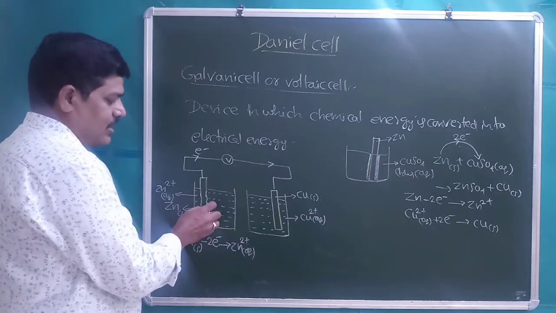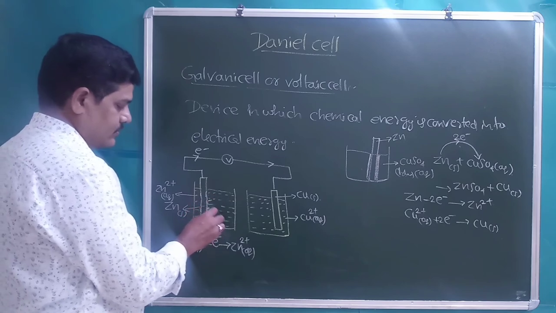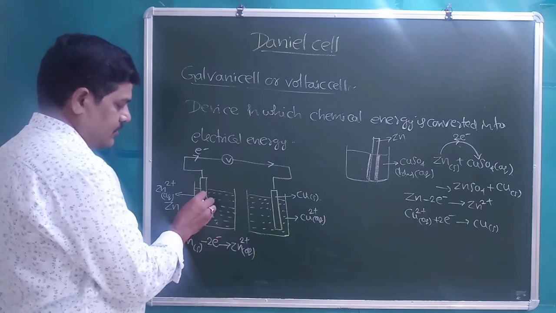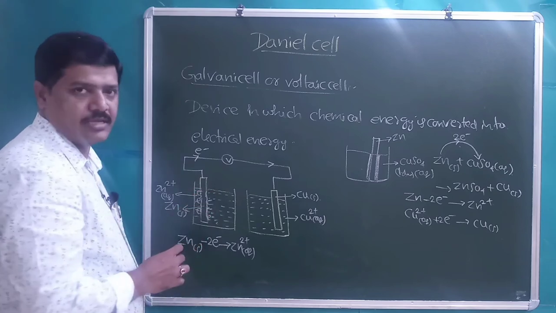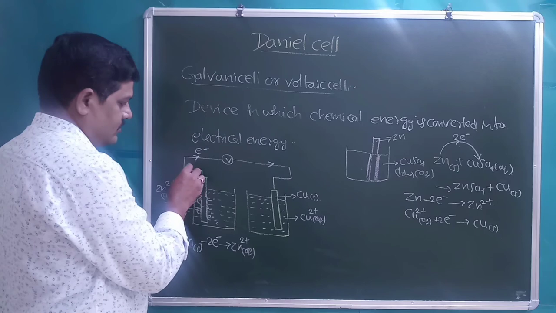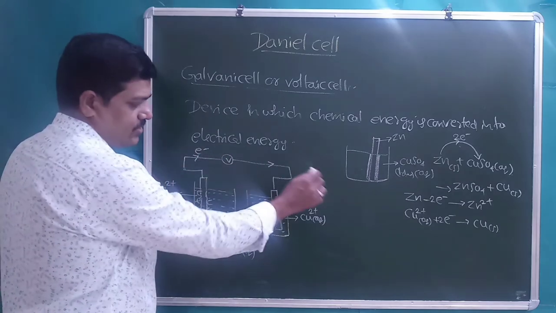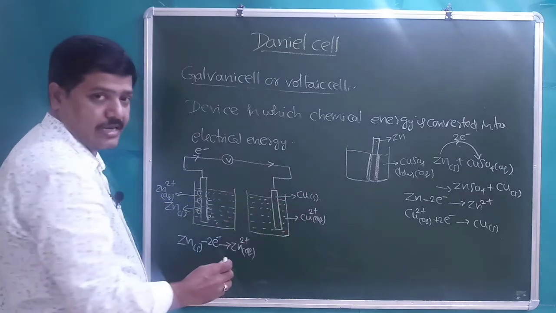So there is accumulation of electrons on this electrode, and these electrons are allowed to transfer through the external circuit to the other half cell, right?